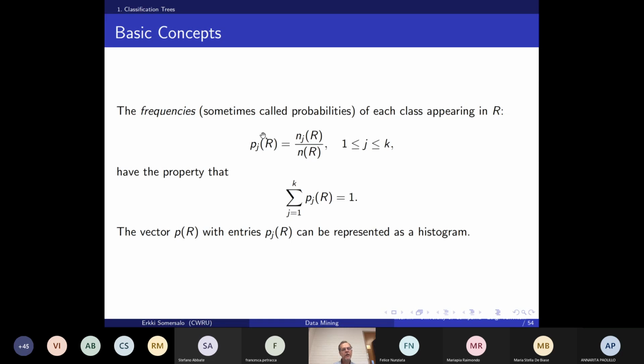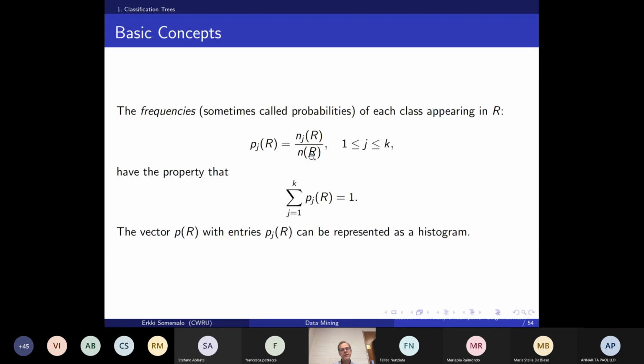The idea is, if I randomly pick one point from the rectangle, what is the probability that that point belongs to the class j? The probability in this frequentist tradition is the same as the frequency, so nj divided by n.